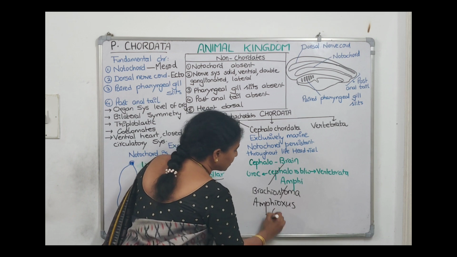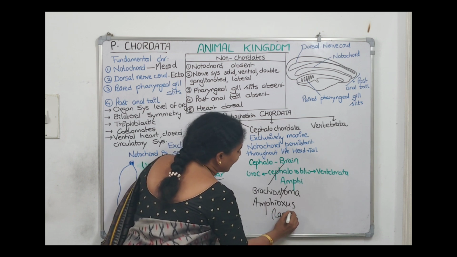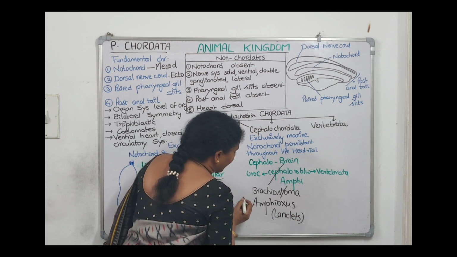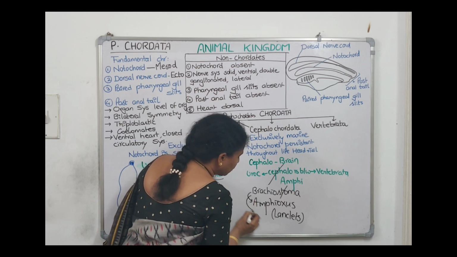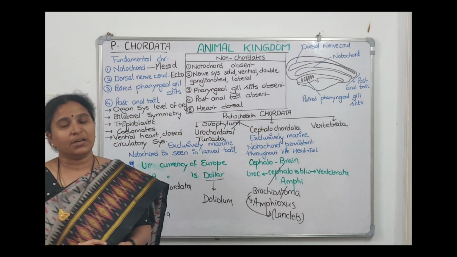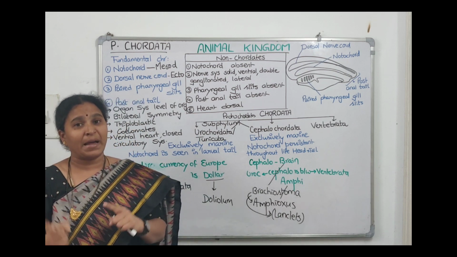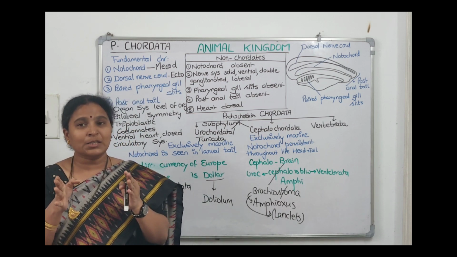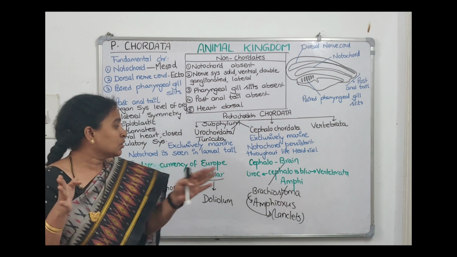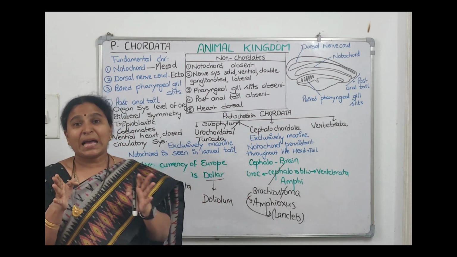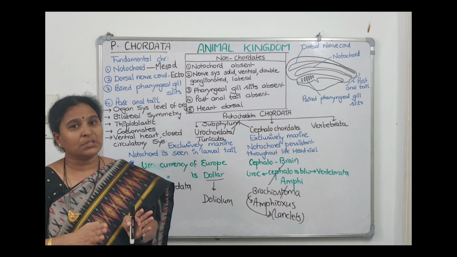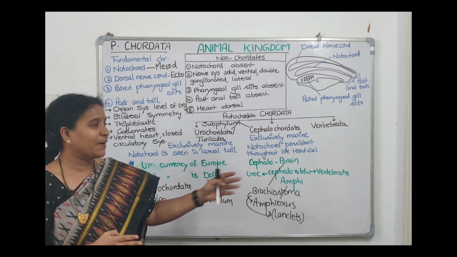And it is also called lancelets. So for Cephalochordata, cephalic should remind you about brain. Brain should take you to Branchiostoma, and since Cephalochordata is in between Urochordata and Vertebrata, amphi should take you to Amphioxus and lancelets. So that is about Cephalochordata.